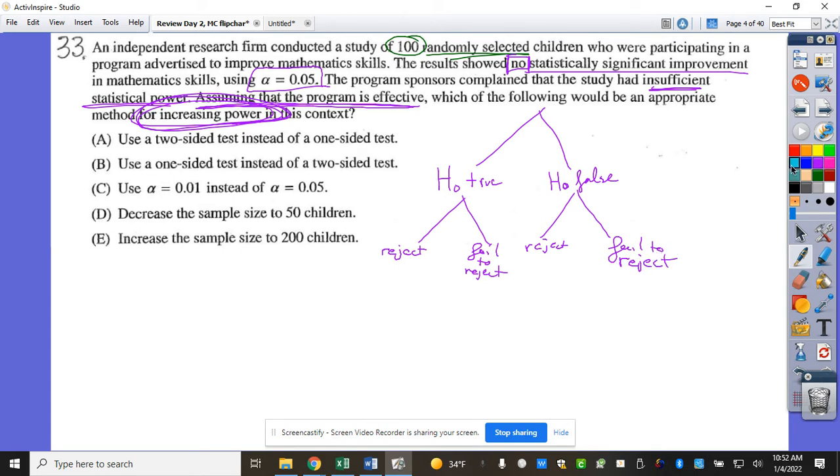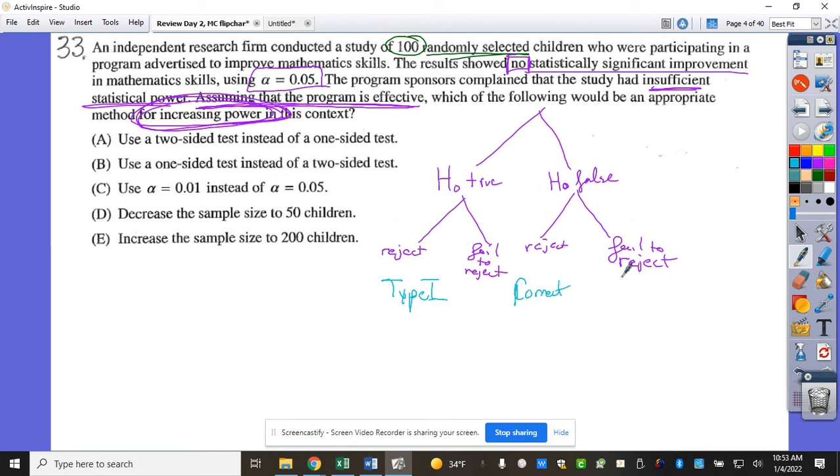What is this first path called? If it's true, but I rejected it. The second one we don't usually call anything. What's my third one? Which is, I'll say, correct.